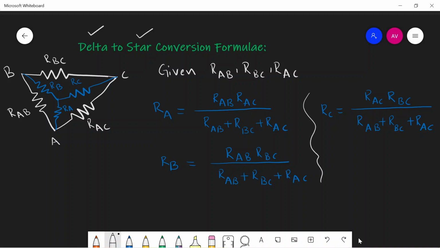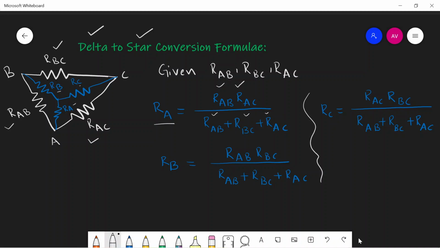By drawing the figure, we can see what is a star network and what is a delta network. In delta network, we have taken the resistances as Rab, Rbc, Rac, and star network resistance values are Ra, Rb, and Rc. Given here Rab value, Rac value, and Rbc, we can write the formula for star network resistances as Ra equal to Rab into Rac divided by sum of three resistances Rab plus Rbc plus Rac.